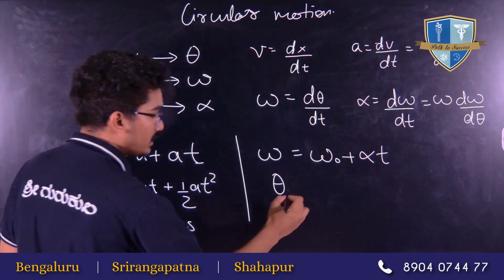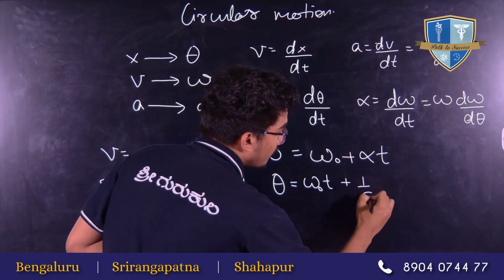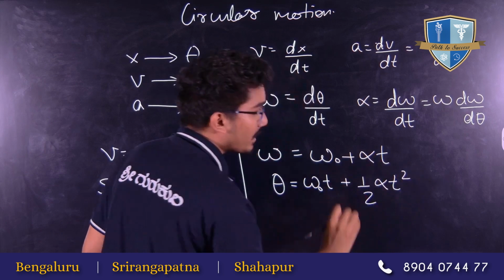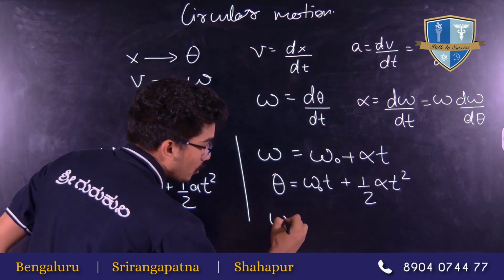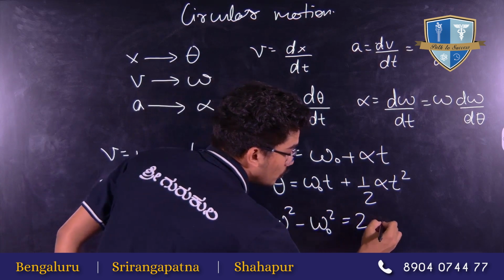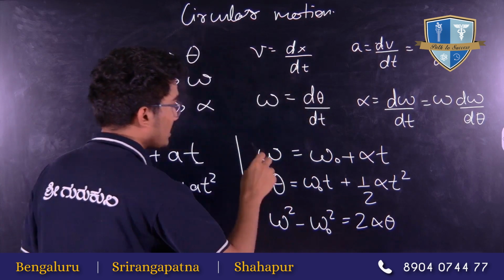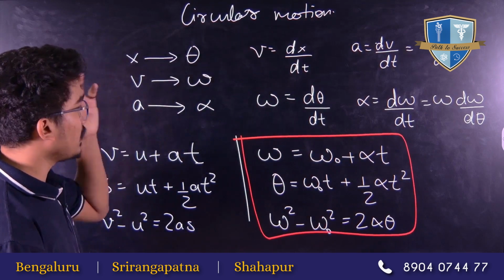Theta is equal to omega naught t plus half alpha t square. Similarly, the last formula: omega square minus omega naught square is equal to 2 alpha theta. So these are the three formulas for circular motion when angular acceleration is constant.